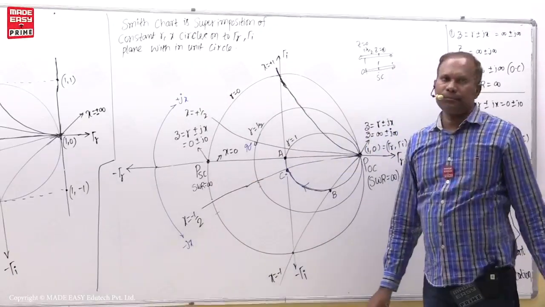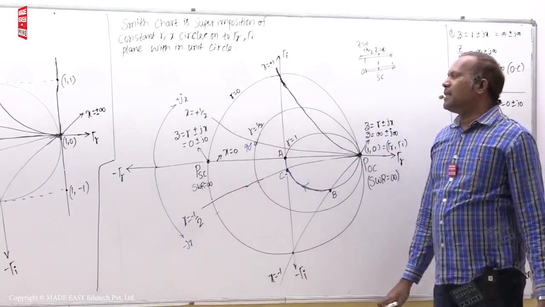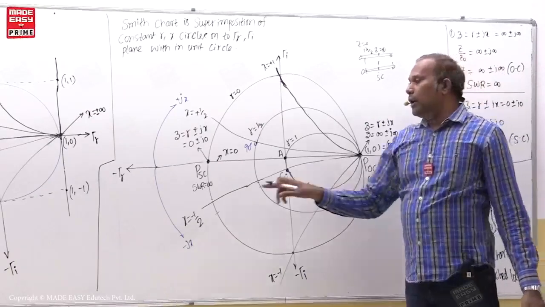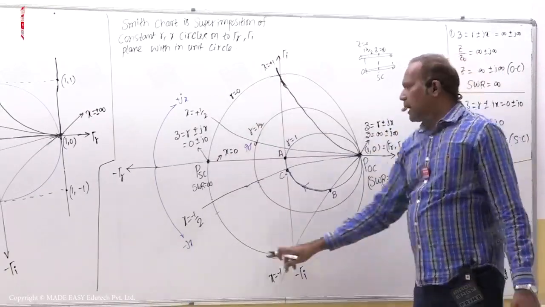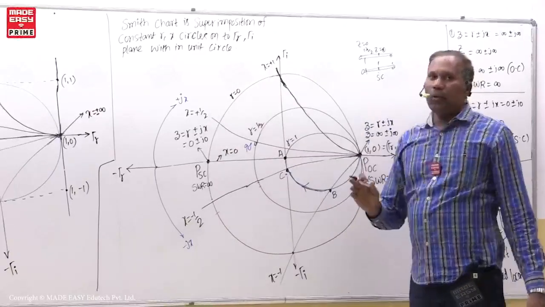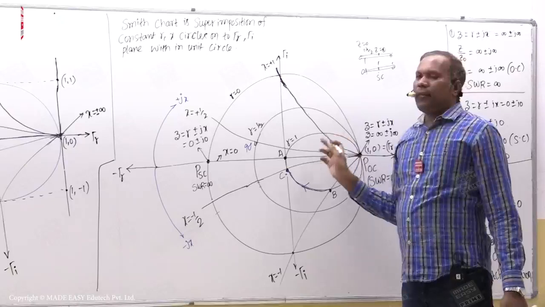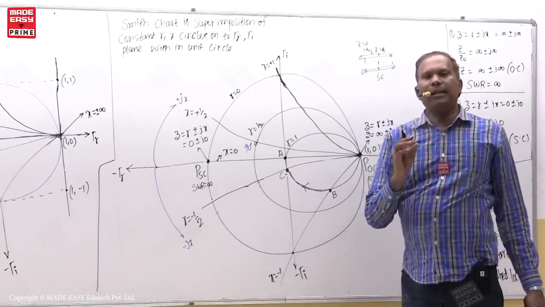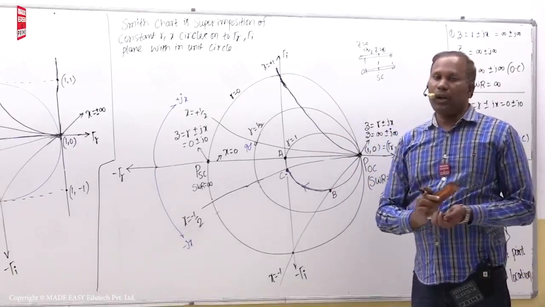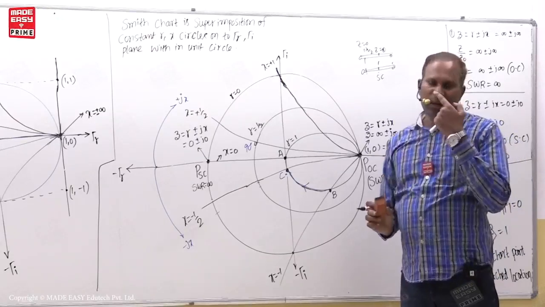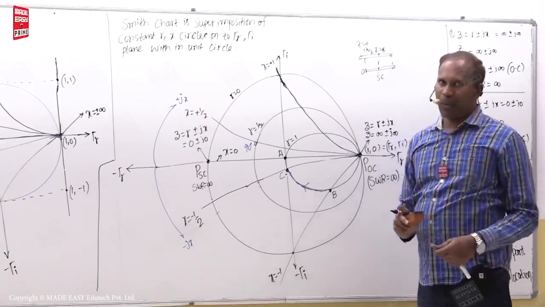If you see the Smith chart diagram, around it they give wavelengths, and they give angles of reflection coefficients and angles of transmission coefficients also. But giving one parameter is sufficient to solve any problem.